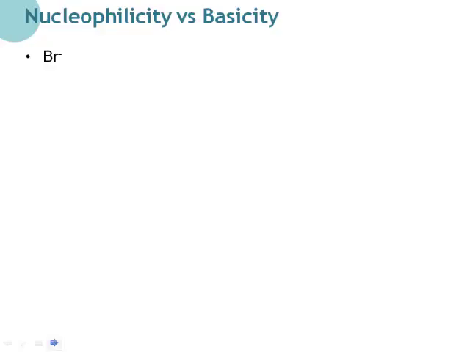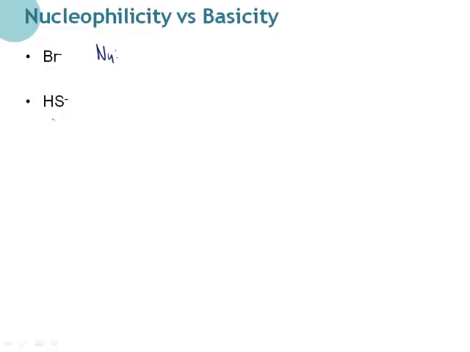So bromide is a lot like iodide in that it's a charged species, absolutely. It's got a nice big fluffy outer cloud of electrons, so it's definitely polarizable. And the pKa of its conjugate acid, hydrobromic acid, is extremely low. So this is absolutely going to be a nucleophile.